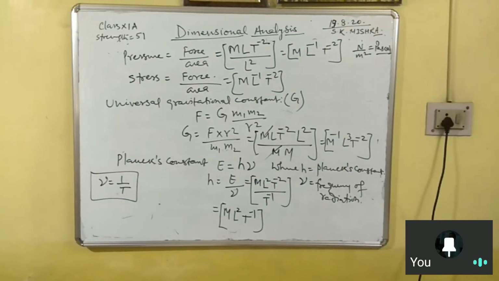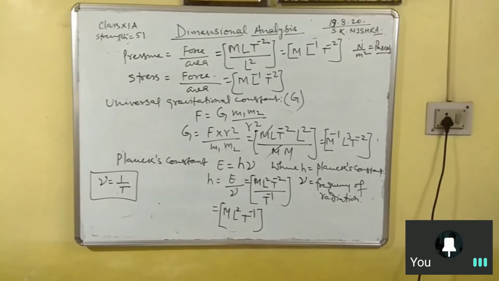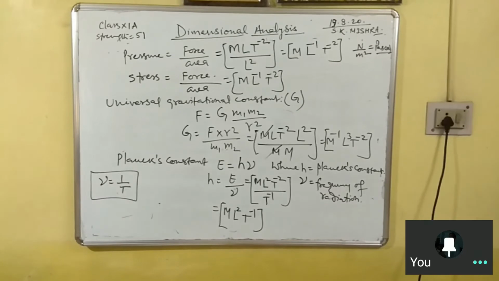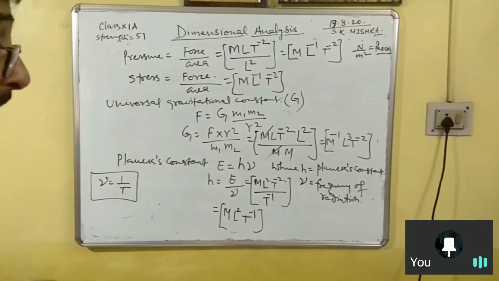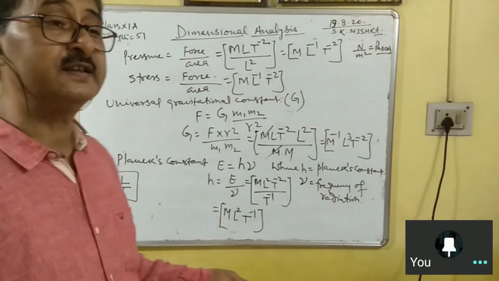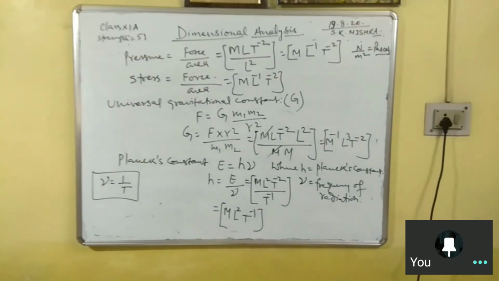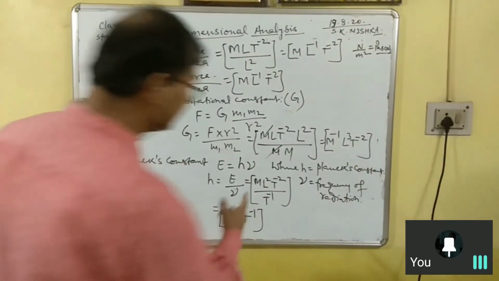Remember, these are constants which have dimensions. These quantities are constants, but they are not dimensionless constants. But pi, 1, 2, 3 are dimensionless constants.